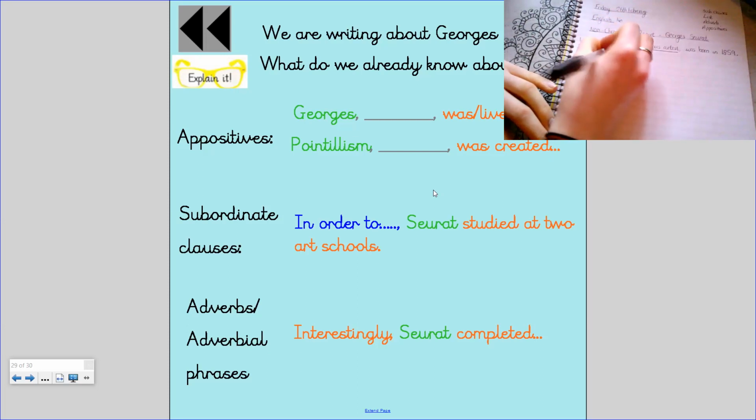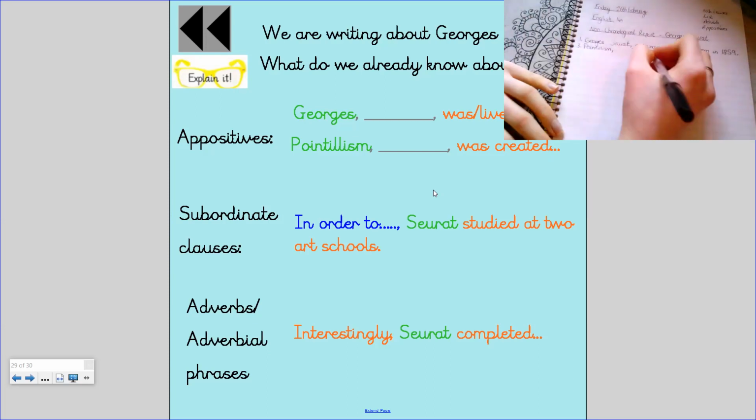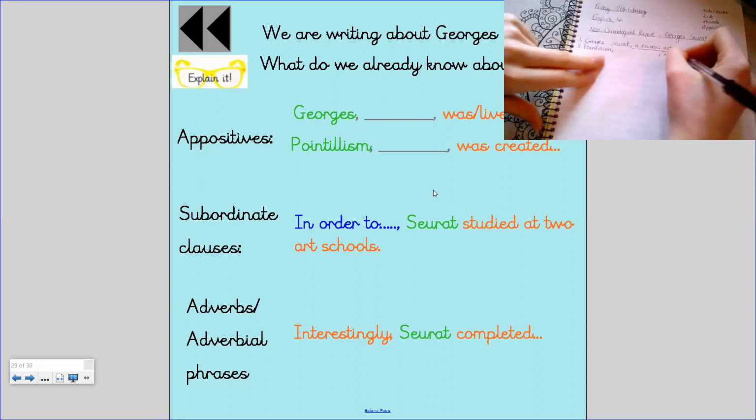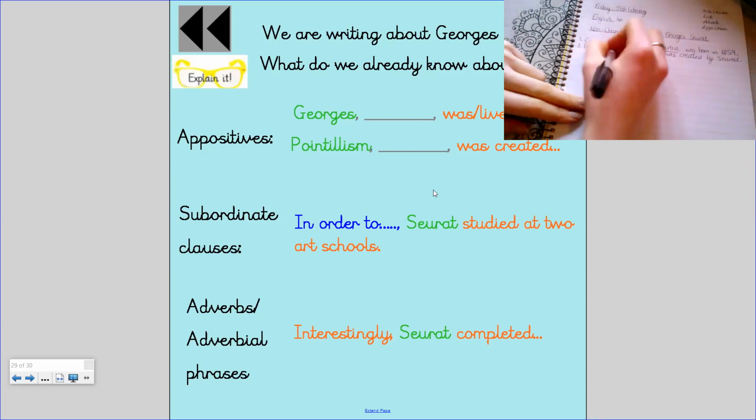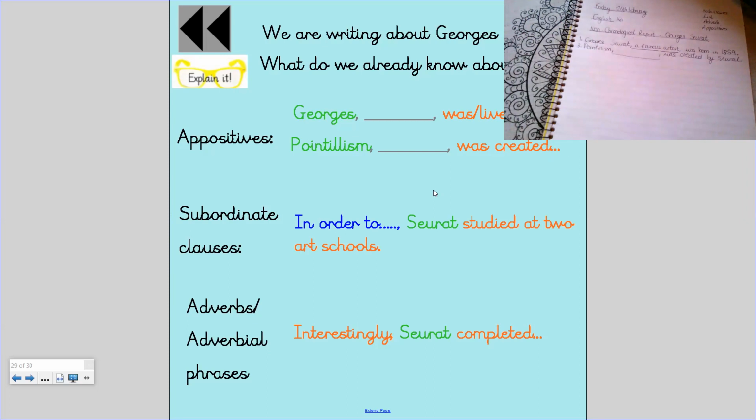Now I need to think about my appositive. So my main clause, pointillism was created by Seurat. What extra information do we know about pointillism? We know it's a style of art. We know it is made of lots of tiny dots.